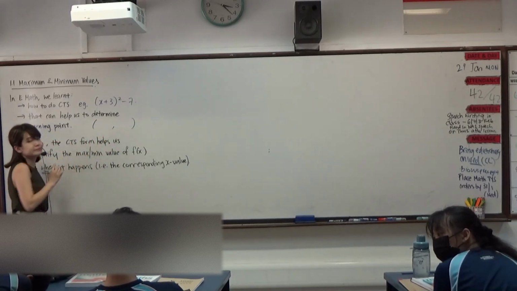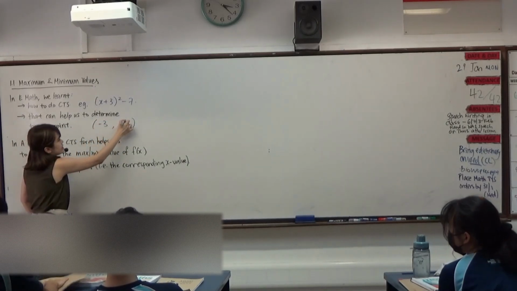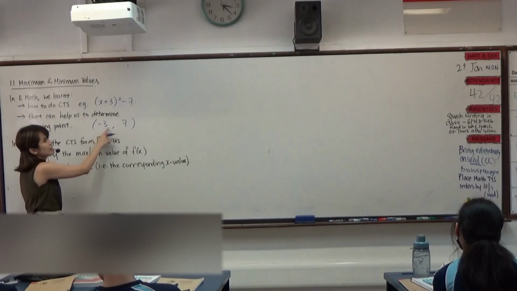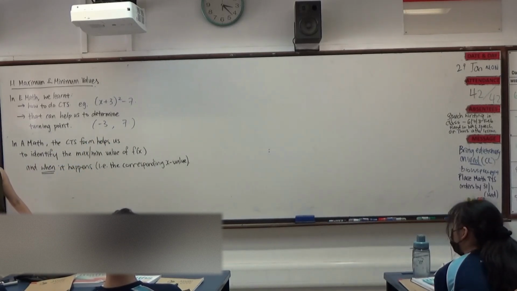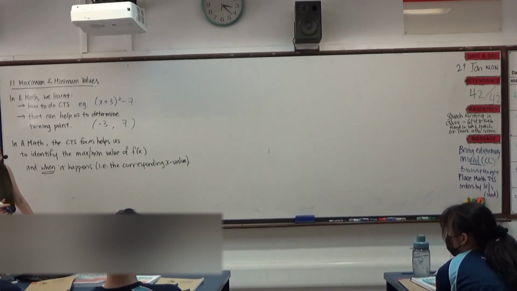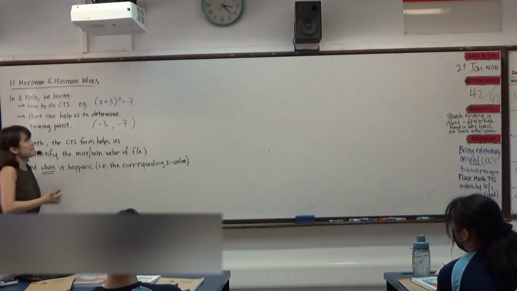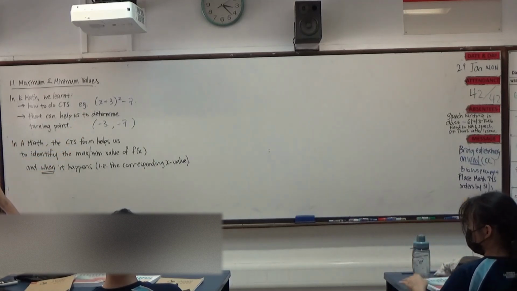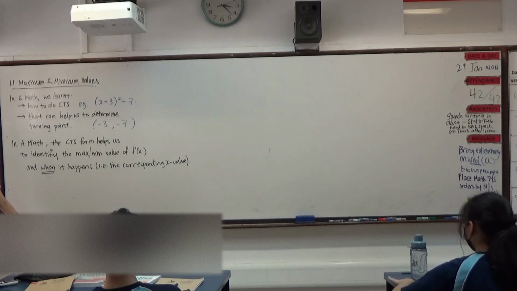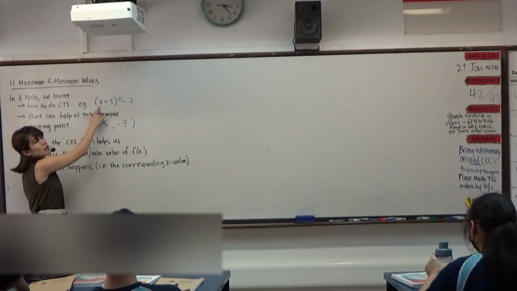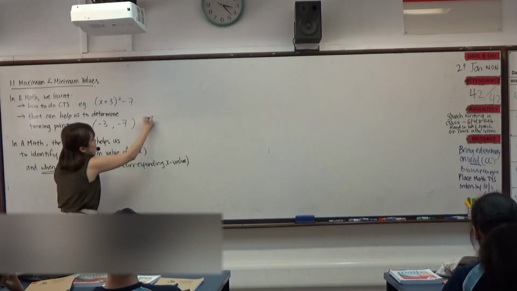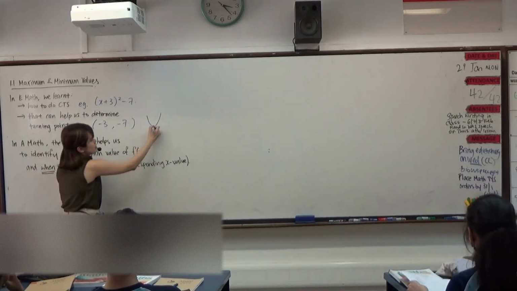Negative 3 and 7. I hope that you can see at the tip of your fingers very easily how we get it. Is it negative 3 and 7? Negative 7, right? Then in this particular case, is it a maximum or minimum point? It is a minimum because if you were to expand this, it will give us a positive x squared, which will result in a smiley face curve. So, minimum.